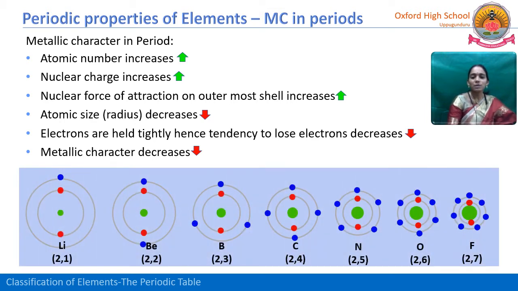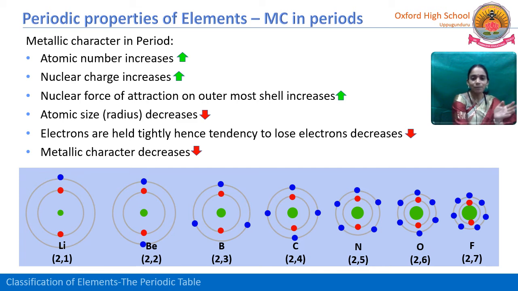Here, observe this period, that is the second period: lithium, beryllium, boron, carbon, nitrogen, oxygen and fluorine. Starting from lithium, when we move from left to right, after a few elements, non-metals appear on the completely right side.